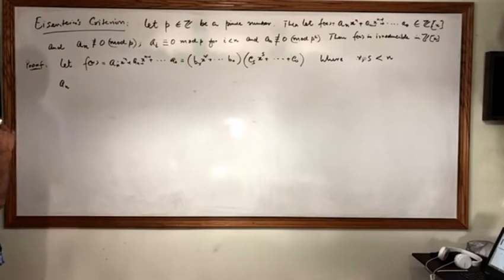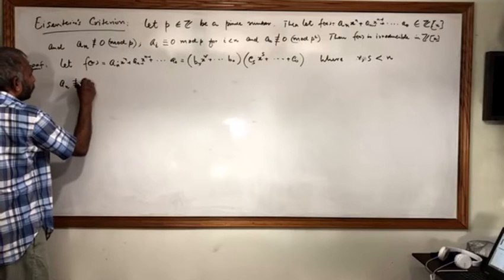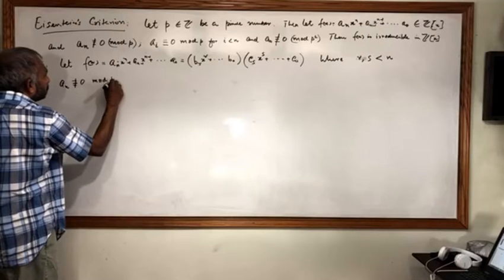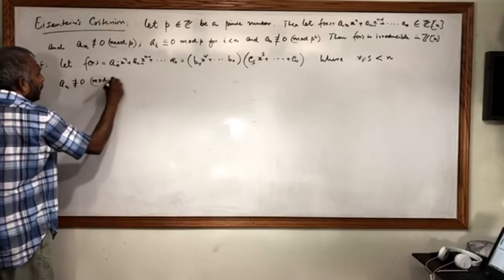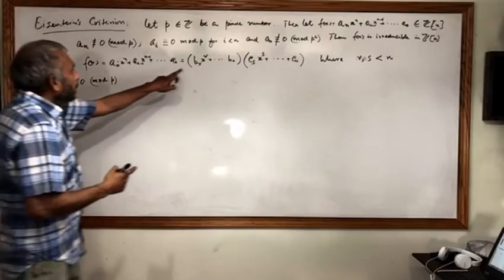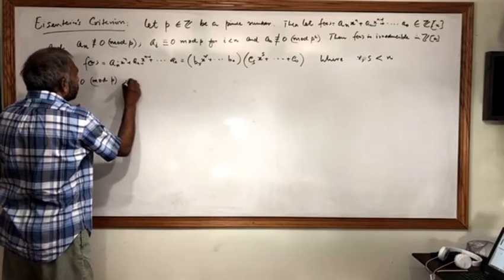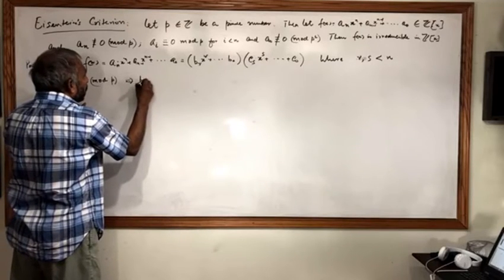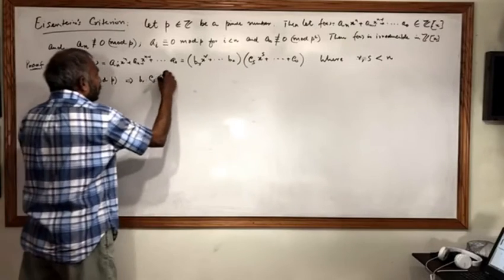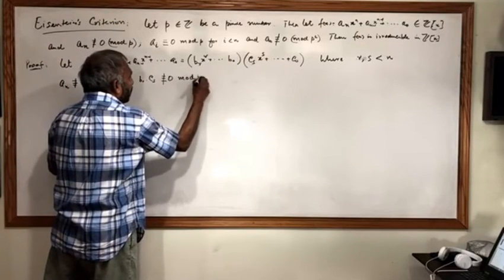an is different from 0 mod p means, what is an? You'll get an only by br times cs. That means br times cs is not equal to 0 mod p.